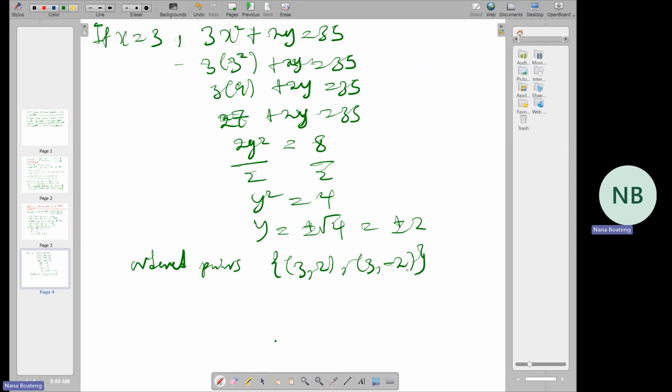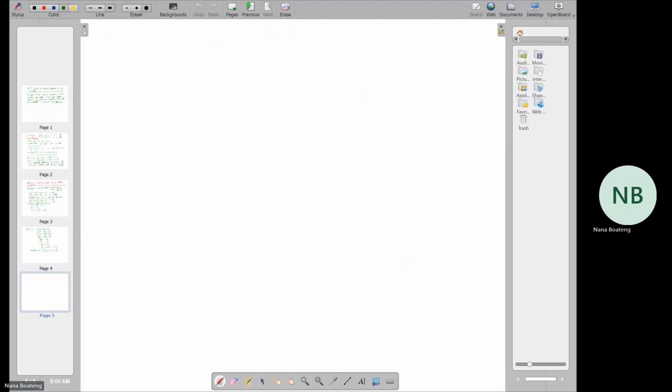So now let's look at the solution when x is equal to -3. If x is equal to -3, our first equation again is 3x squared plus 2y squared is equal to 35.